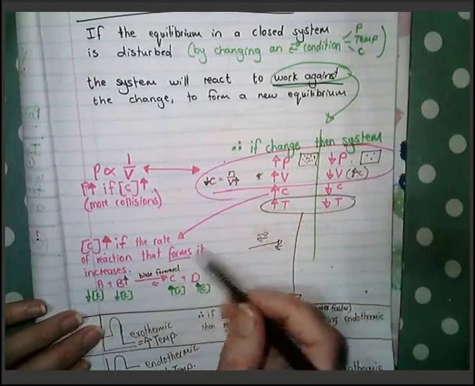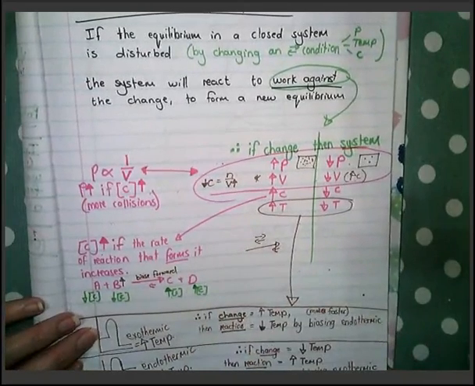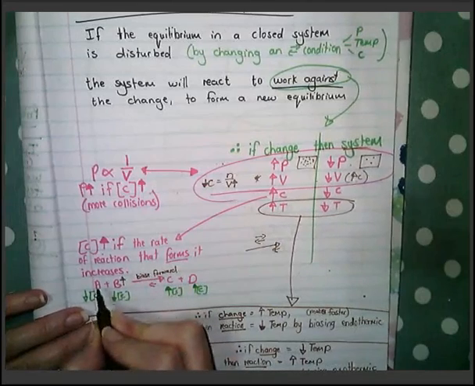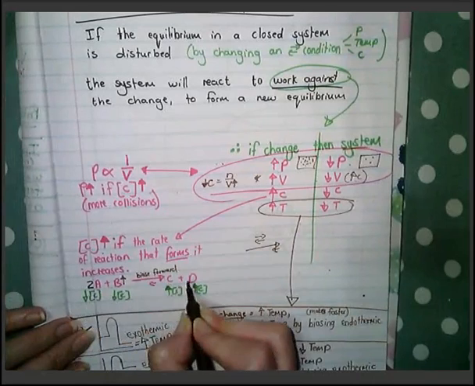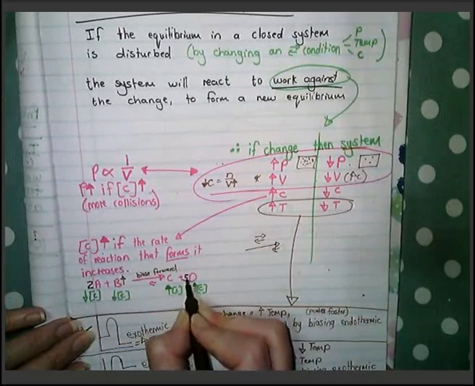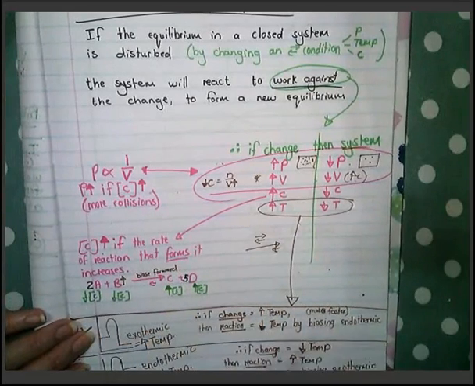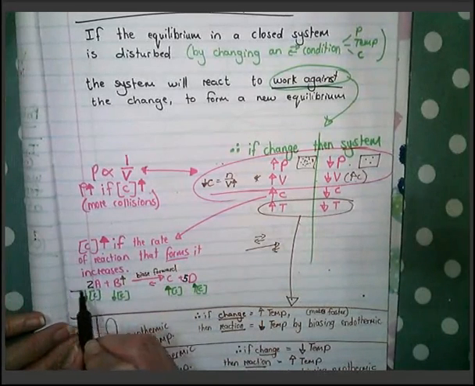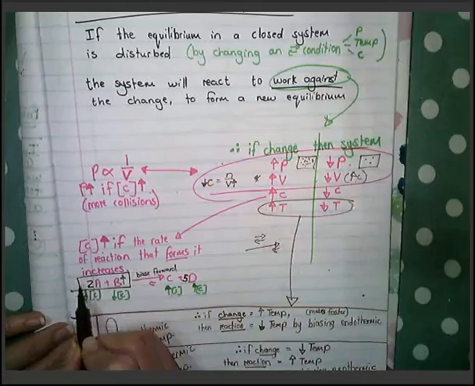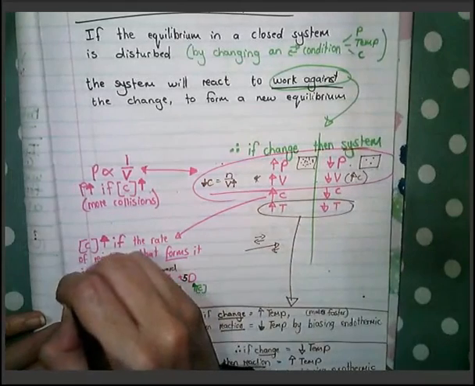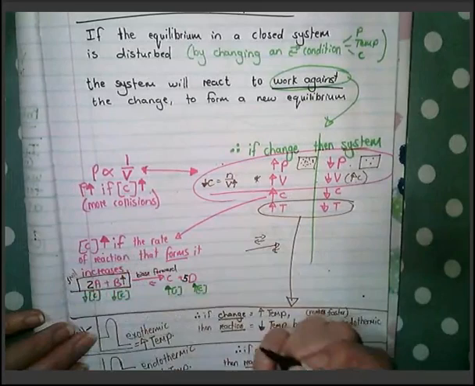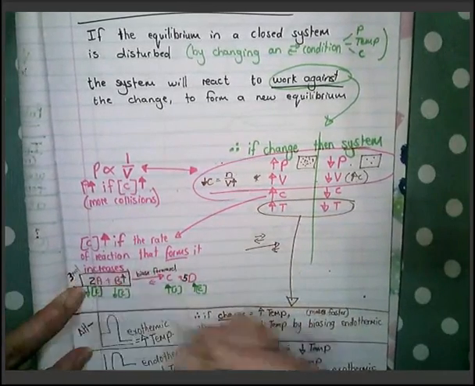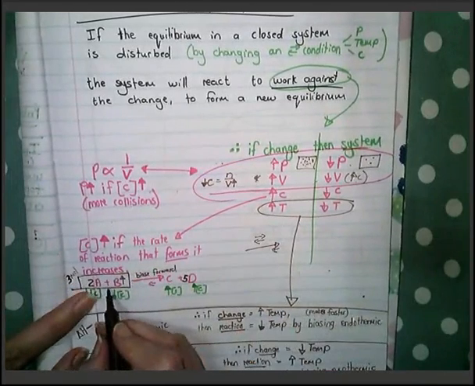Now let's look at how this works for pressure. So if we have, let's say we have balancing numbers 2 there and 5 there. Okay. Now in total, these balancing numbers here add up to 3. So we have 2 moles of A, 1 mole of B, which gives us 3 moles of substance on this side.